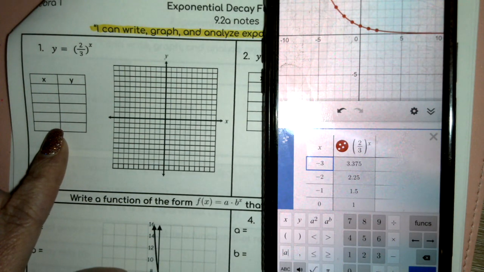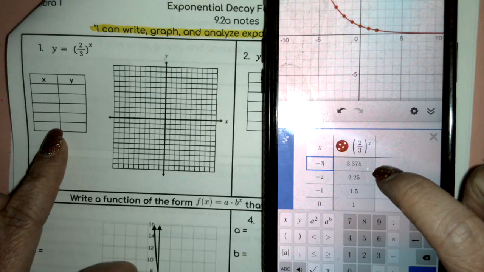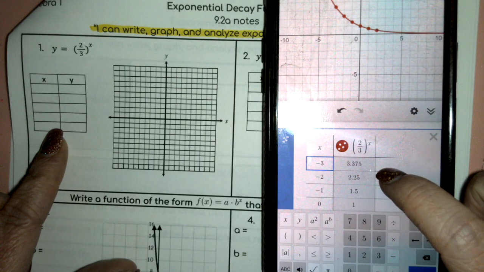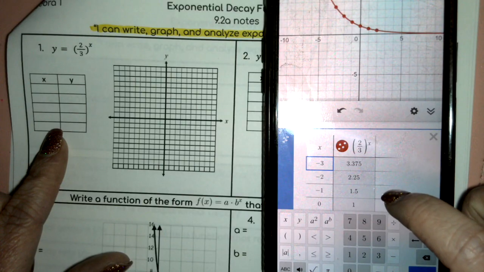So that way you can see it. Now notice it is a decimal, and we need it to be a fraction, because all of our answers in our assessment need to be in fractional form in our table.